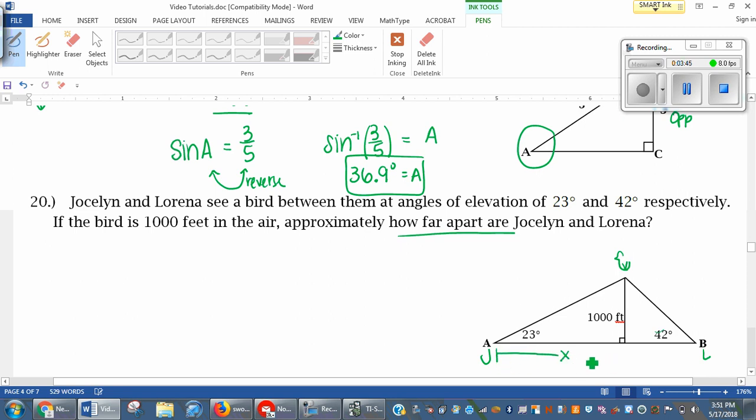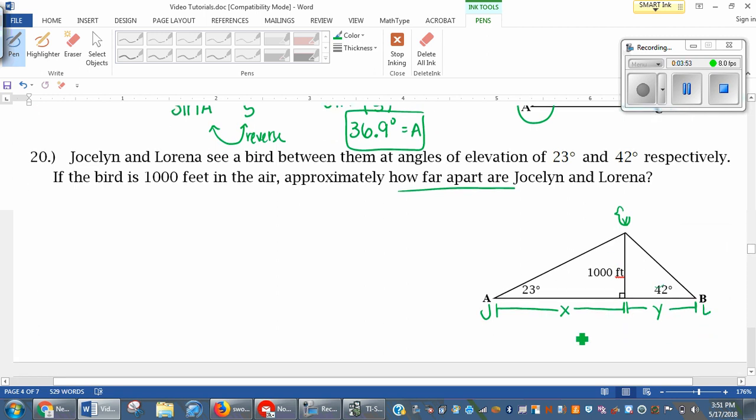So in order to find these distances that we'll have to add together eventually, we'll have to find those individual pieces. So we've got opposite and adjacent. So opposite and adjacent is tangent. We'll say tangent of 23, 1,000 over x.